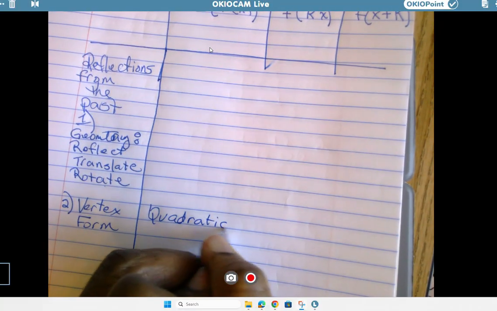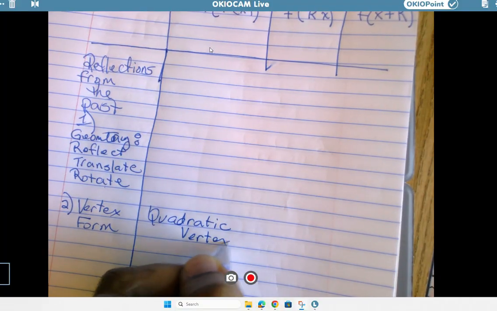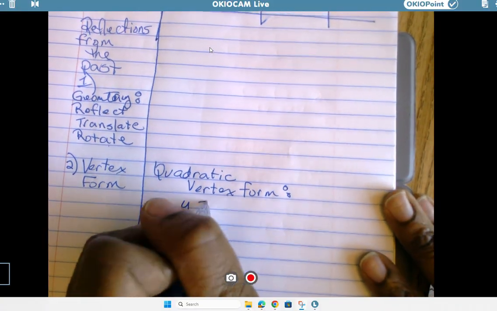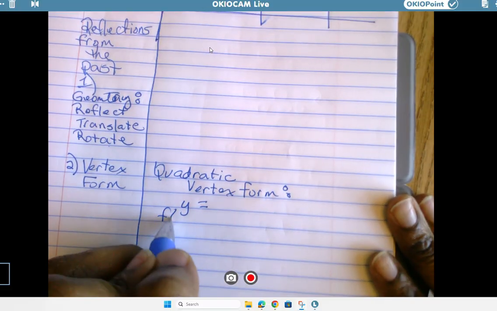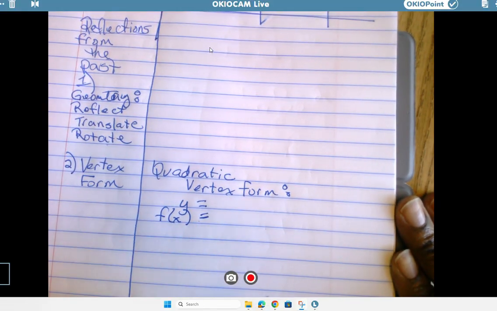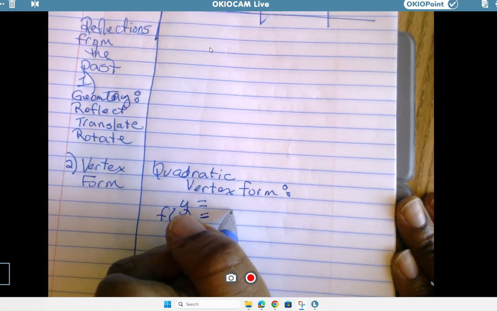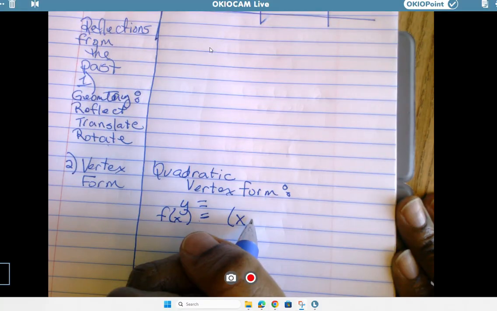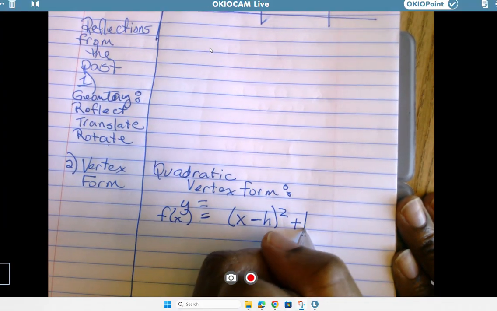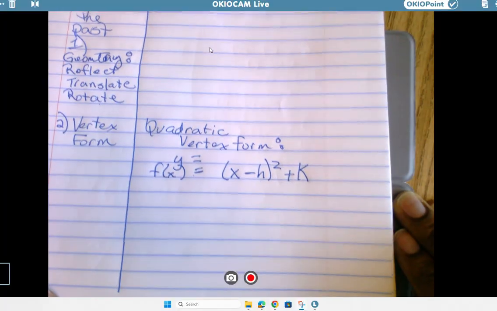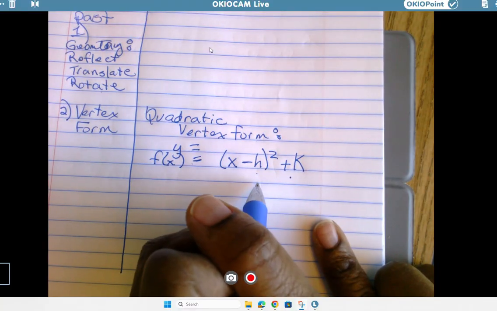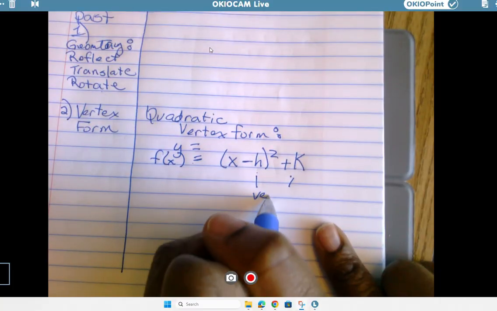A quadratic in vertex form is y equals, and if you see f of x equals, that's just another way to write y. So y equals, f of x equals (x minus h) squared plus k. This h and k represents the vertex.